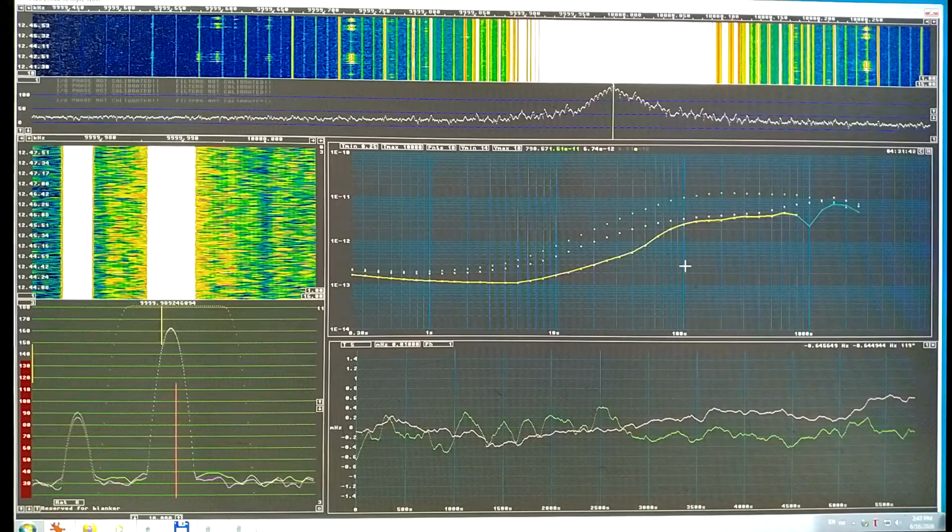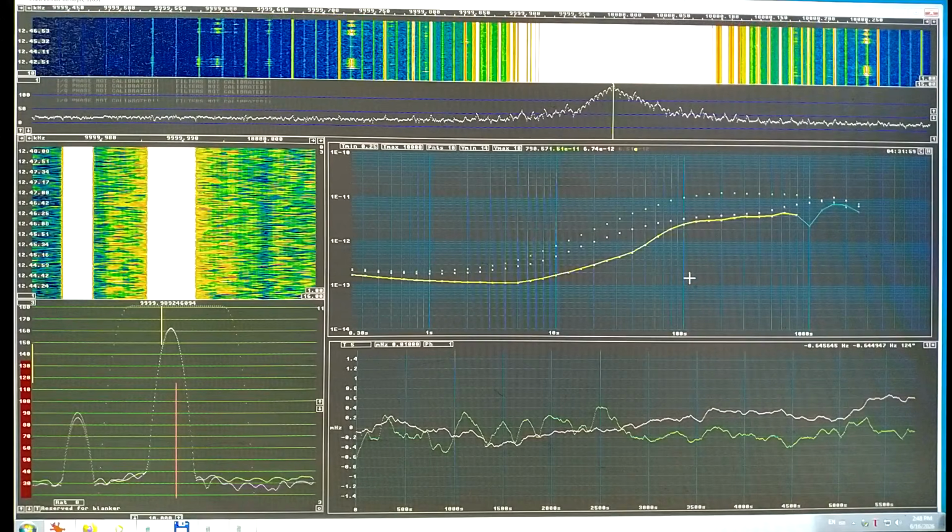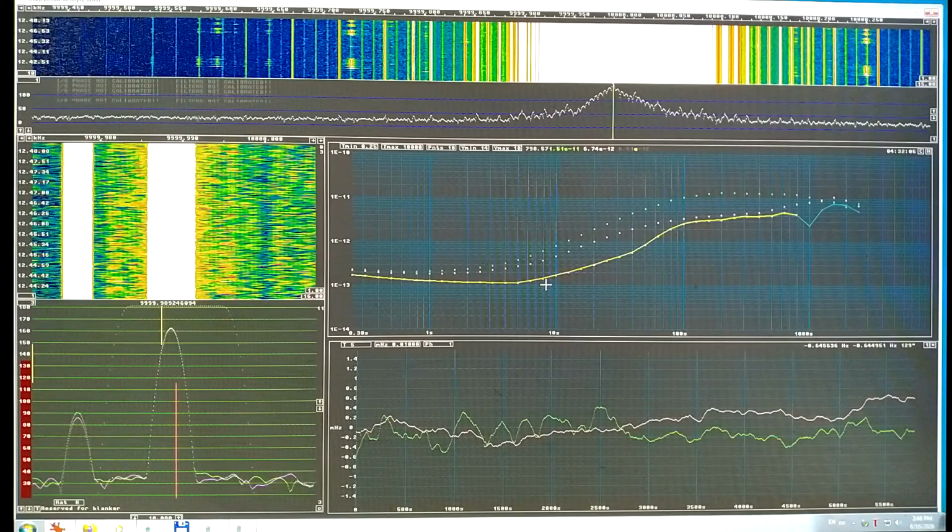I'm satisfied to find that the 100 kilo ohm resistor is big enough to eliminate the problems of correlation between the two oscillators.